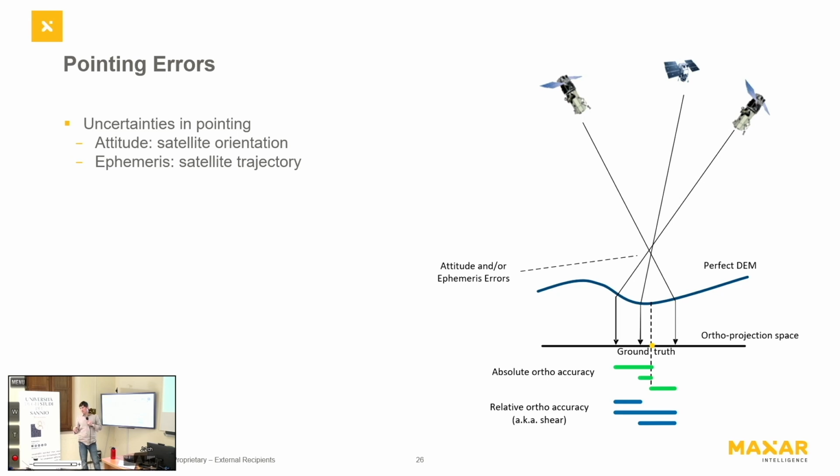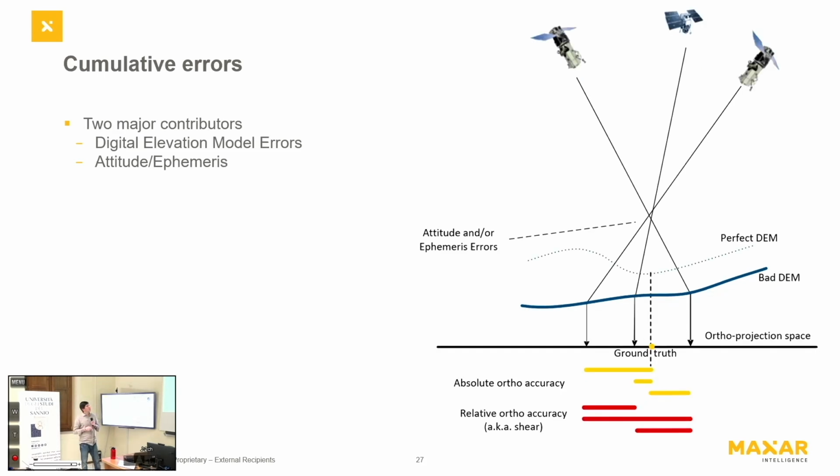So solving the DEM, doing a perfect co-registration, I don't know who I was talking to earlier about that. Even if you do a perfect co-registration, you still have issues like that. Those are not linear. So again, make sure that you understand those concepts when you try to align your vector of rooftops, for example, when you're doing machine learning. Try to understand those geometries and what the uncertainties of those collections are. So those are the two main errors, the DEMs and the position and pointing of the camera.